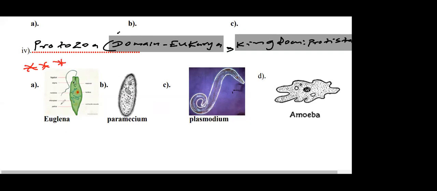And Euglena is photosynthetic. This one is photosynthetic because chlorophyll is present. All the protozoa are not photosynthetic; there is one exception.